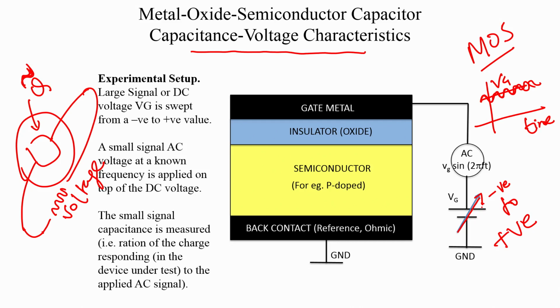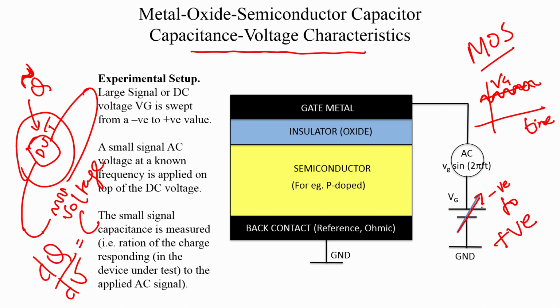So, how does the charge in the device under test respond to our small signal fluctuation? That is the measurement of the small signal capacitance. So, it is dq by d applied voltage. That is the small signal capacitance.